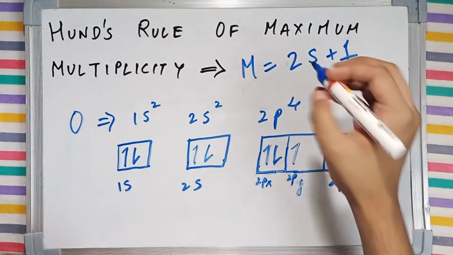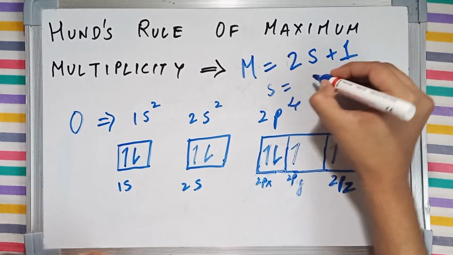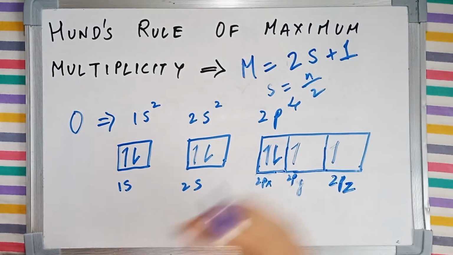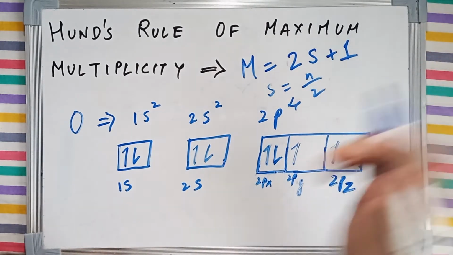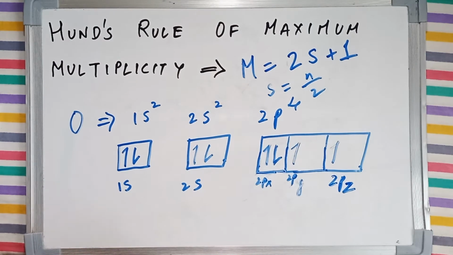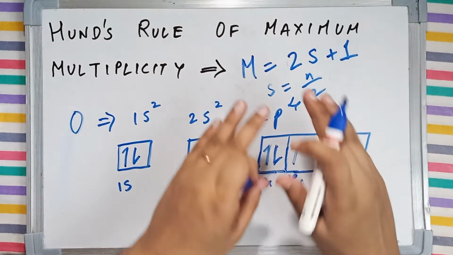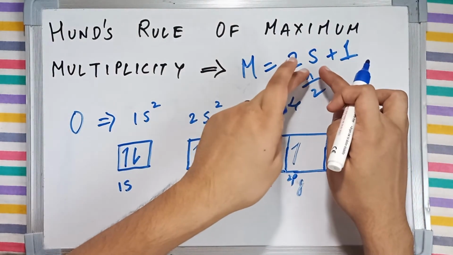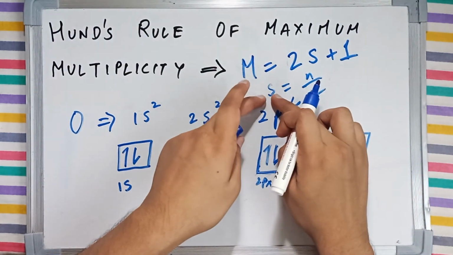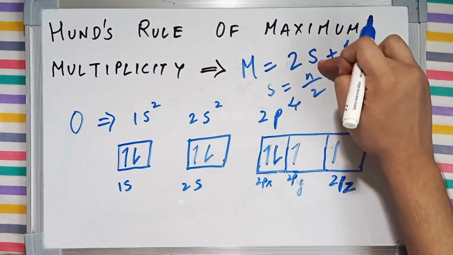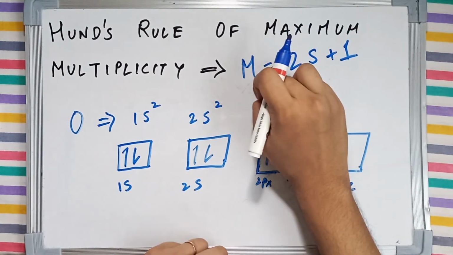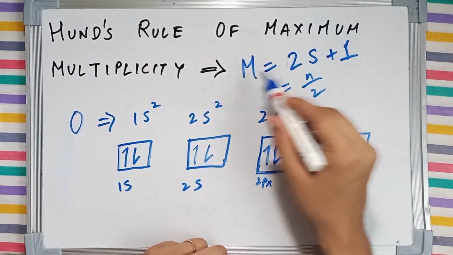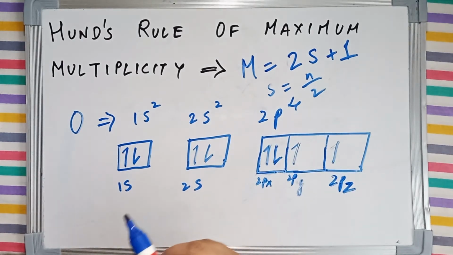It is n by 2, in which n is the number of unpaired electrons. So we need to have maximum multiplicity. If we have maximum n, we have maximum s, and if we have maximum s, we have maximum m, because all of them are directly proportional to each other.